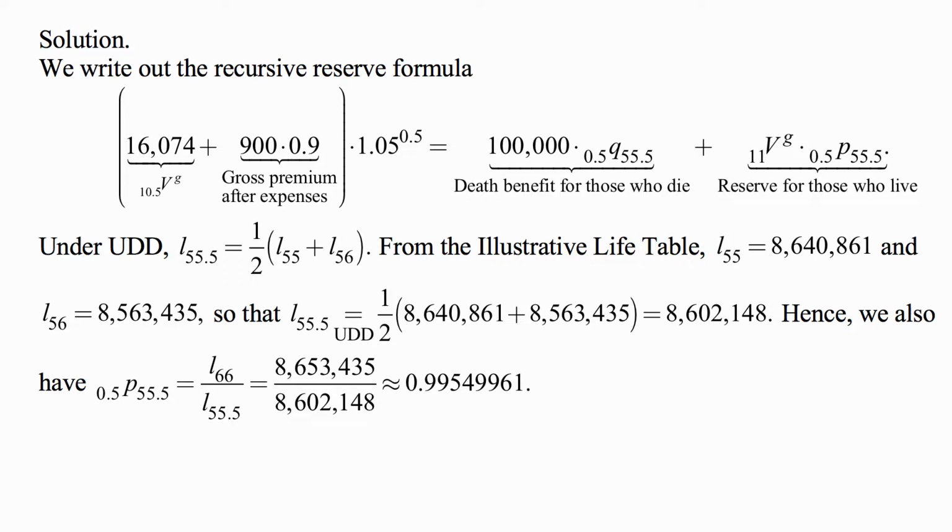And the average of the two is L55.5, so it's 8,602,148. And that means that the probability of surviving from age 55.5 to 56, which is 0.5p55.5, is L56 divided by L55.5, and that's 8,563,435 divided by 8,602,148, and it's approximately 0.99549961.